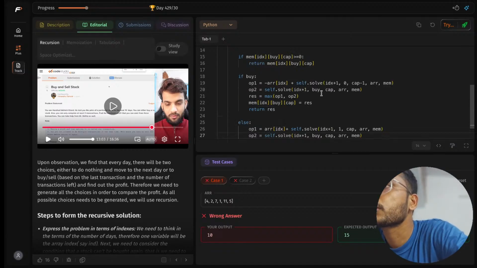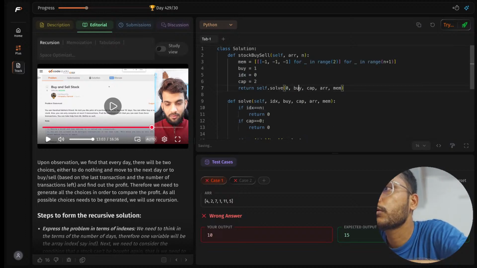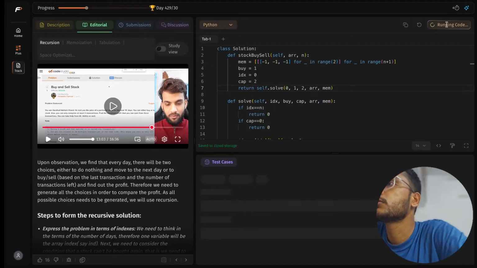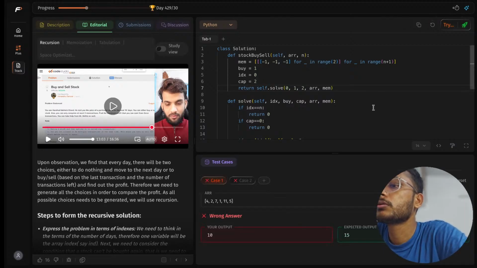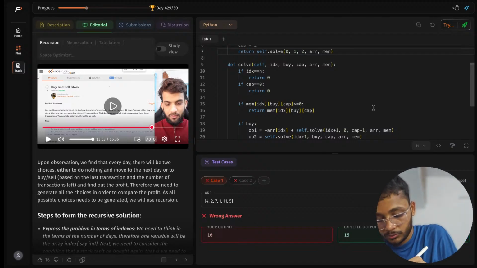I will do one thing. 0 by 1, capacity 2. Now at starting 0, 1, 2.